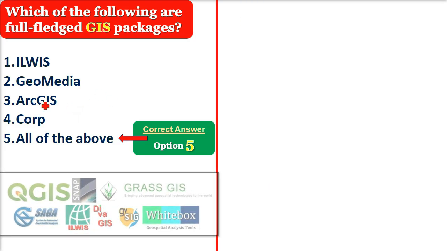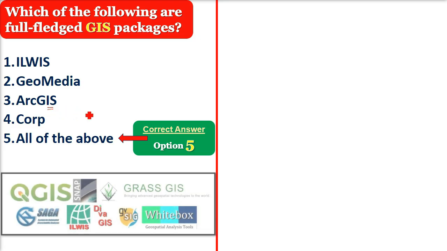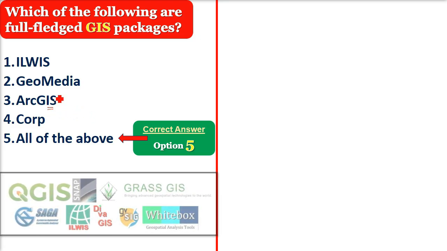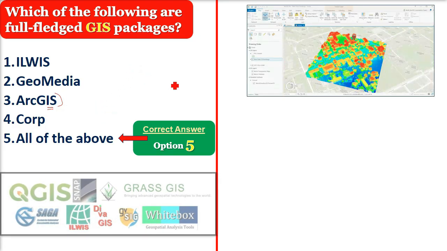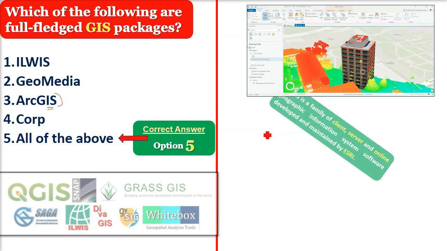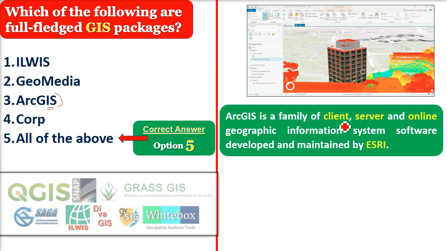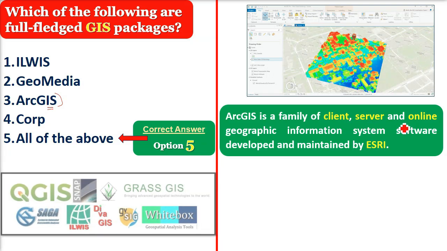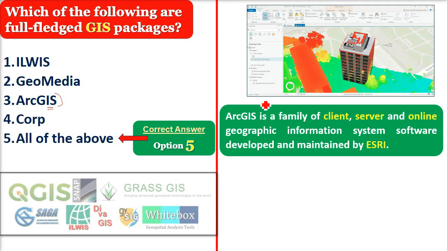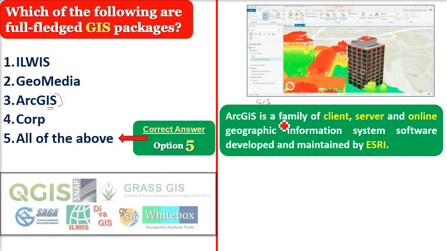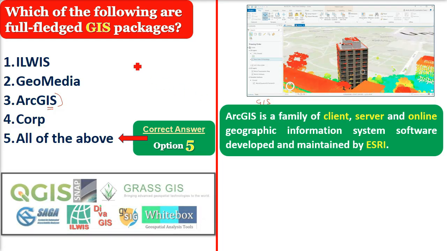ArcGIS. Now this ArcGIS is the Brad Pitt or George Clooney or the Shah Rukh Khan of the GIS industry. That is the best software. So ArcGIS is basically a family of client, server and online geographic information system software which was developed and maintained by ESRI.